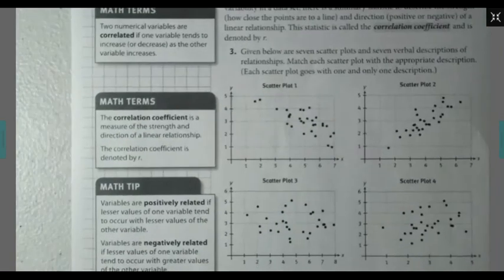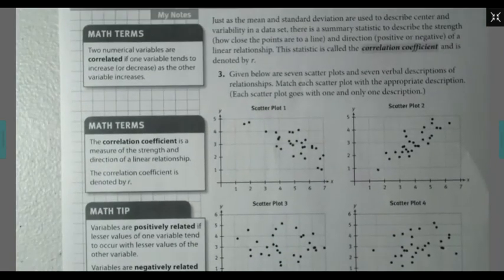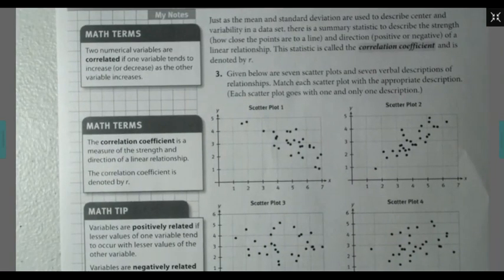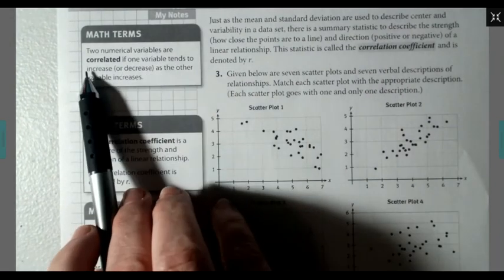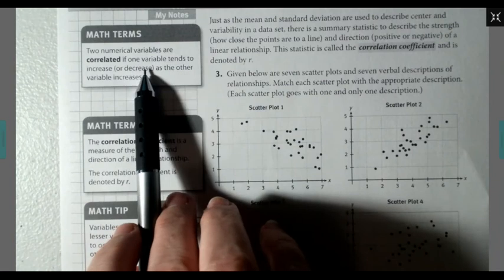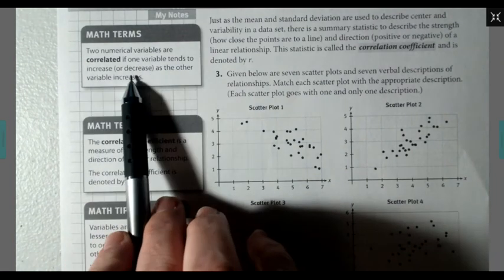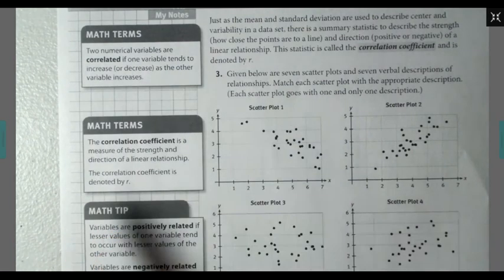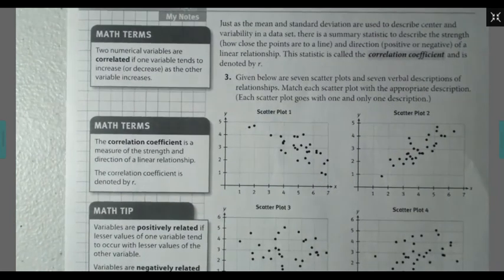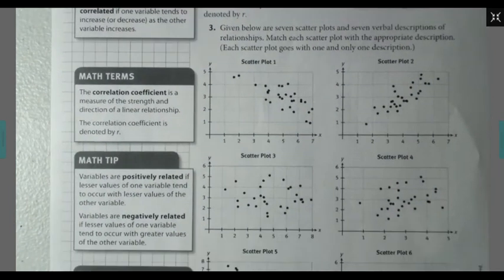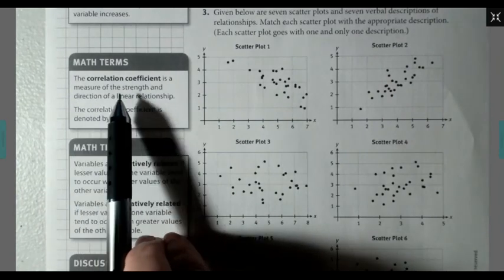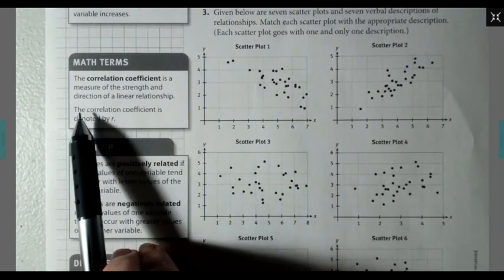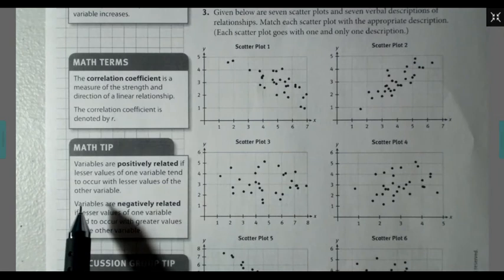Then there was a slide that contained a couple of math terms. Two numerical variables are correlated if one variable tends to increase or decrease as the other variable increases. Next math term. The correlation coefficient is a measure of the strength and direction of a linear relationship.